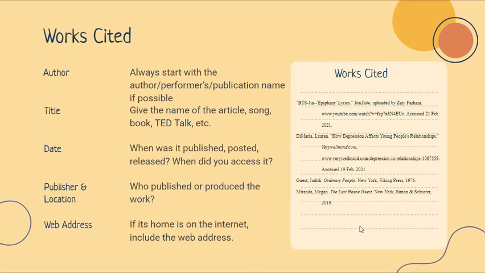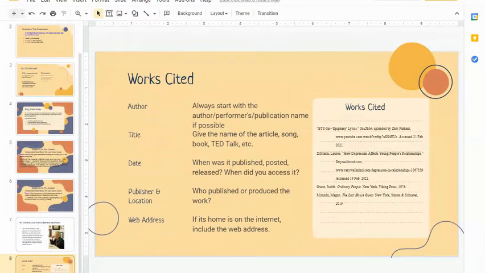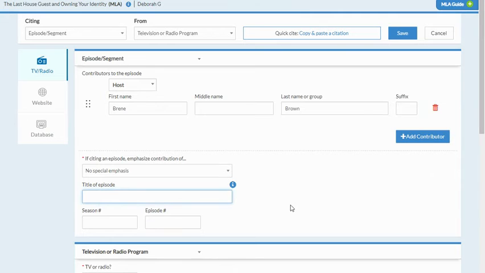So I'm actually going to divert from my slides now and go over to NoodleTools, where you can see that I've already started a project, and my project is called The Last House Guest and Owning Your Own Identity. And then I have gone to sources because I want to add a new source. And I found a podcast also by Brené Brown, which I thought would be very relevant for my topic.